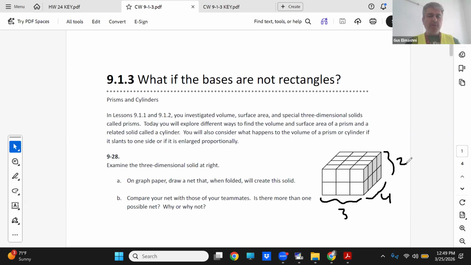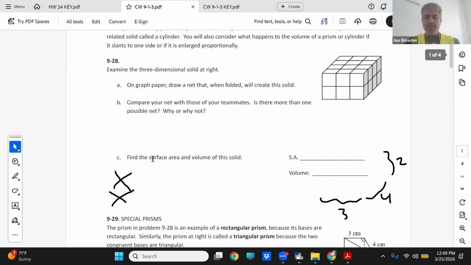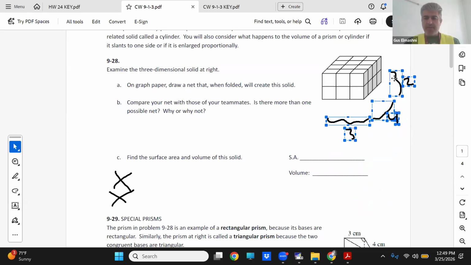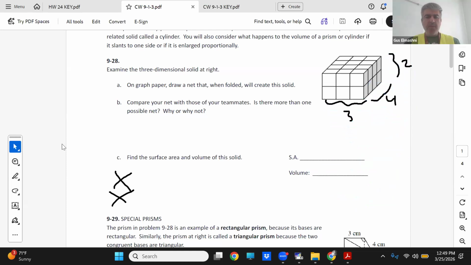Perfect. So we'll cross off A and B, and just move on to the part I really care about, the volume and the surface area. Let me move this up. Here we go. Okay. So surface area and volume.